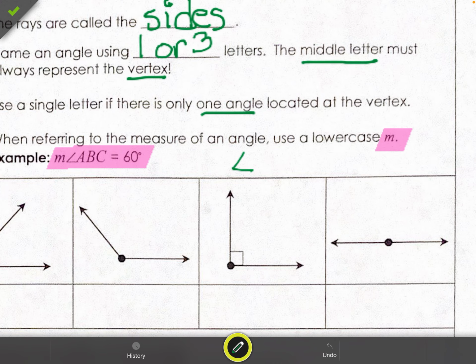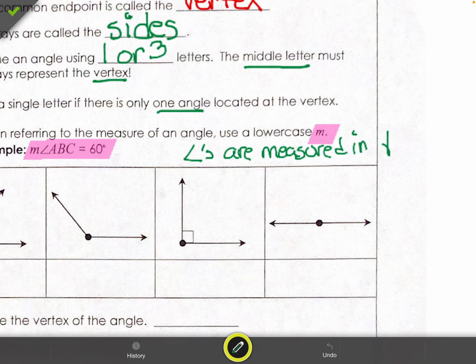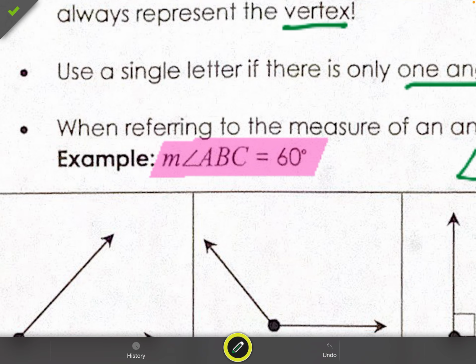Angles, that's your symbol for angles, are measured in, running out of room, let's squeeze this in, degrees. So that's not some weird writing right there. It's not m less than.